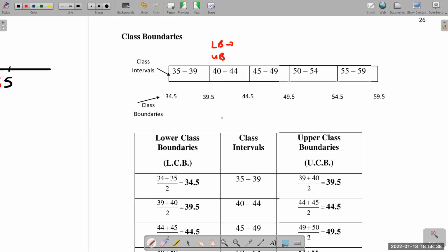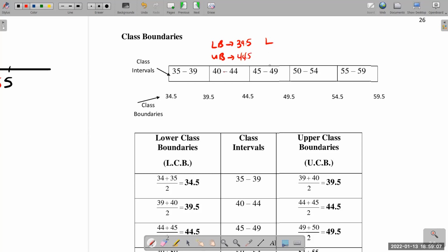What is 0.5 before 40? Anybody want to try? Excellent, 39.5. Very good. So what would be the upper boundary? Excellent. Let's keep going for the next one.